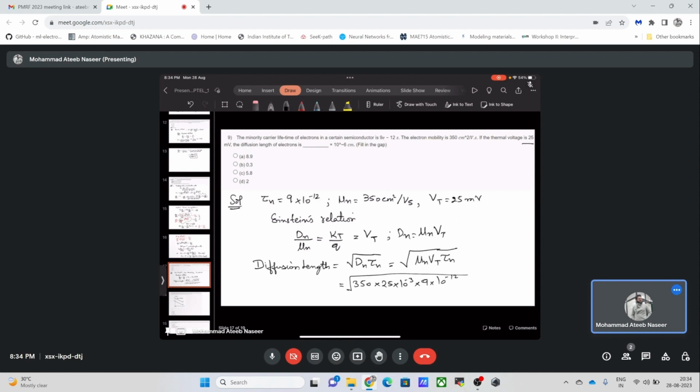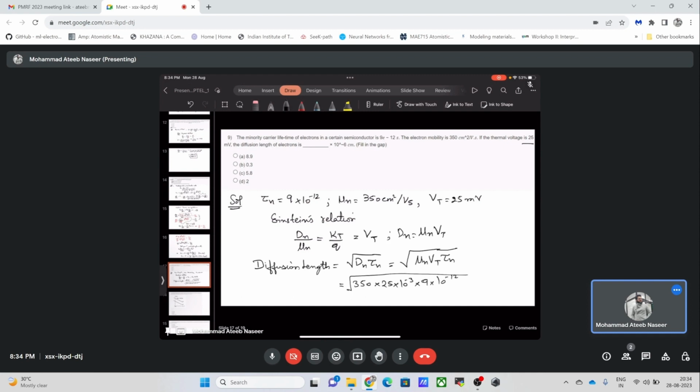So let's solve for this. It is simply 350 into 25 into 9, which is 78750.